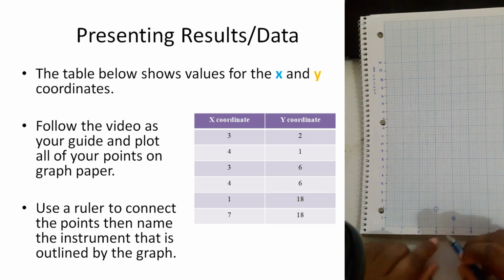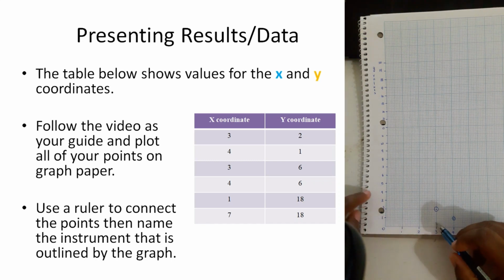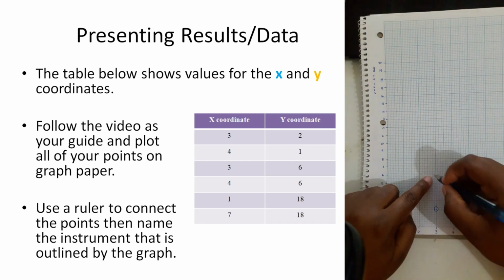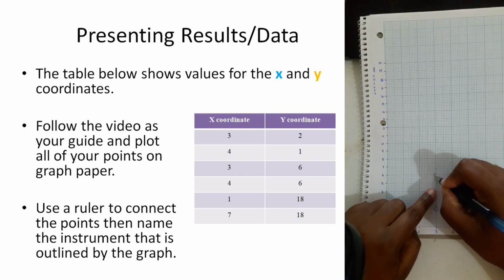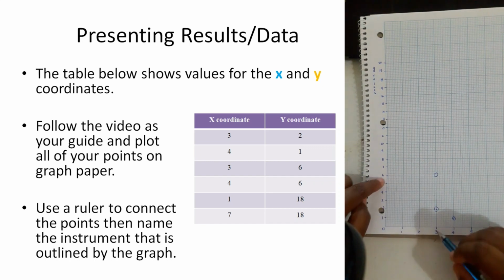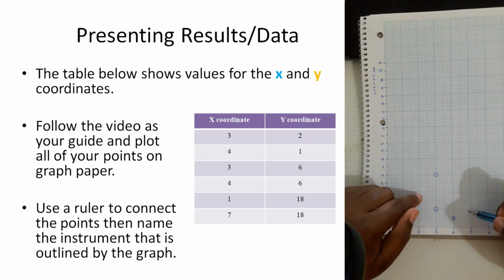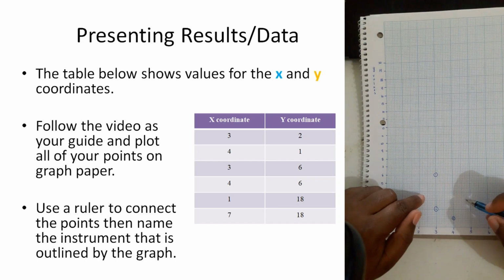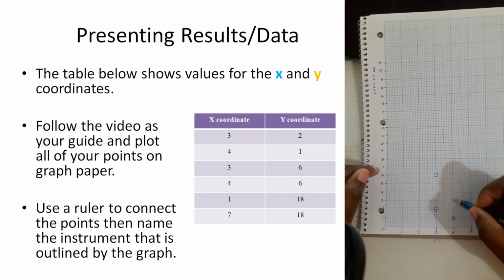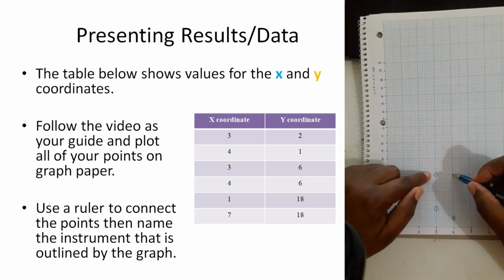When X is 3 again, Y is 6. So we're going up here. See that? And so we're doing it each time. When X is 4, Y is 6. So here we have 4 and Y is 6.